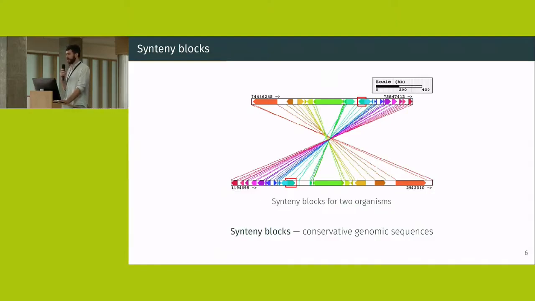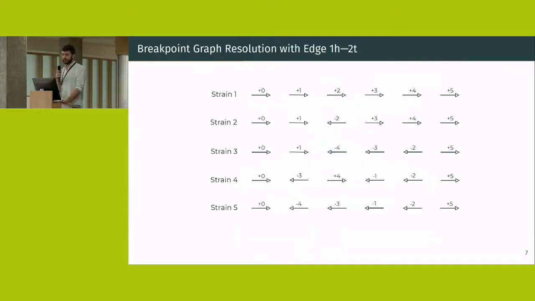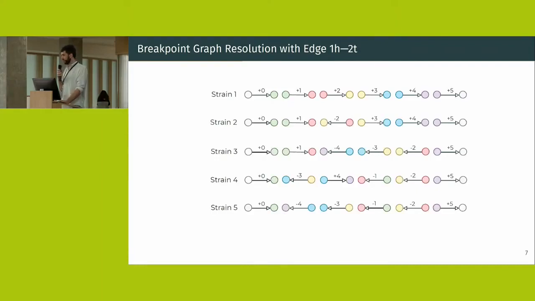It means conserved genomic intervals which are shared between several strains, and we have a collection of strains, each represented as a sequence of blocks. As shown here, we color all the block ends in such a way that the adjacent vertices are colored the same color in a particular strain. Then we inherit the same color to all the strains.